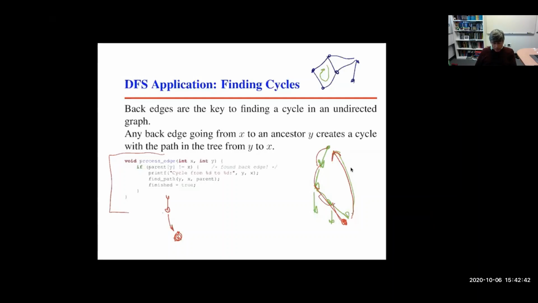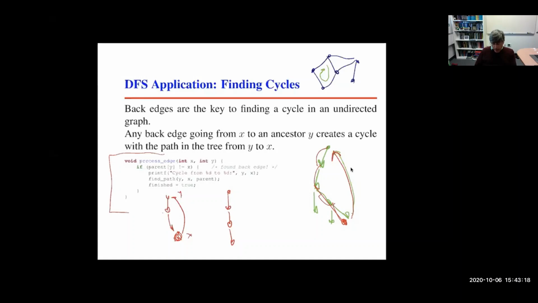Suppose I am processing an edge that goes from x to y. Actually, let me just double check this for a second. Hold on. This looks a little backwards. I have to make sure I get the orientations of these things right.